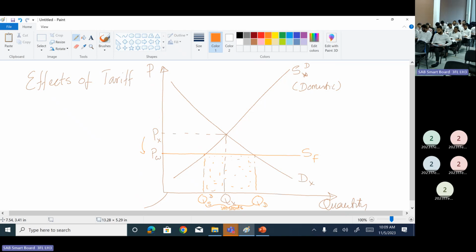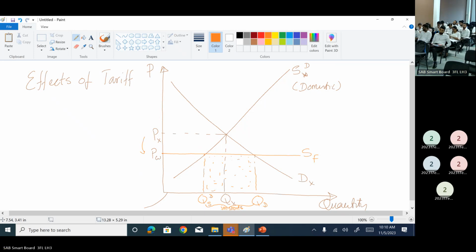You can take the PW price times this quantity, so that you get the value of the imports. This is the quantity that we are going to import.